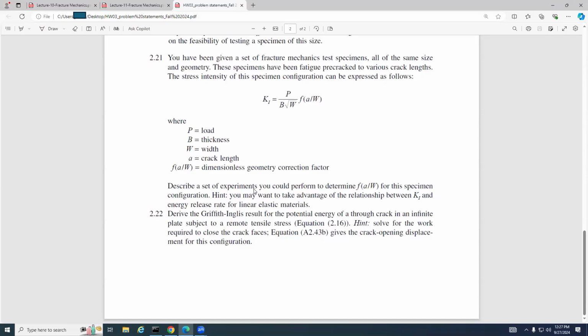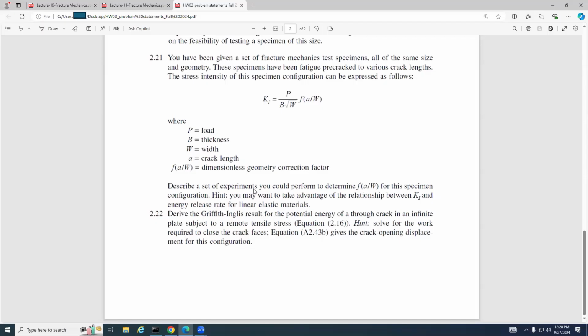So the incremental closure work, the work done at a point, equals d Pi multiplied by 1/2 times 2 sigma u_y b dx. 2u_y is a displacement, right?